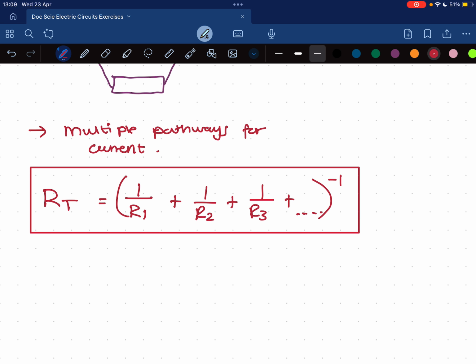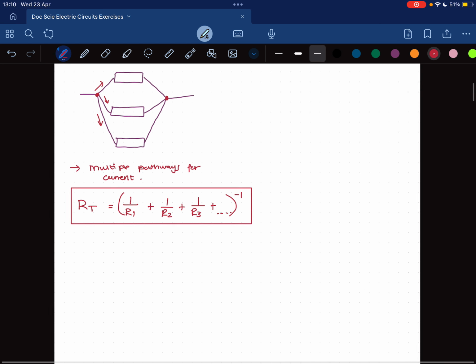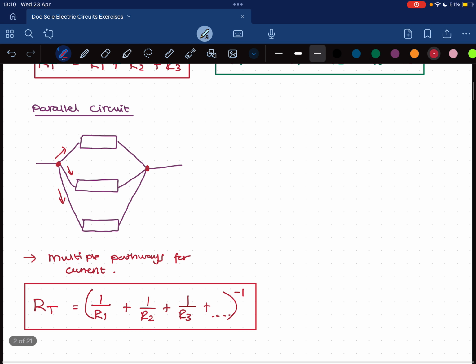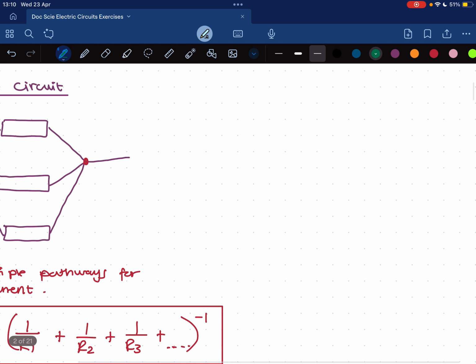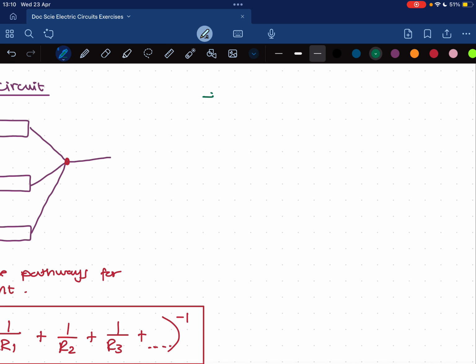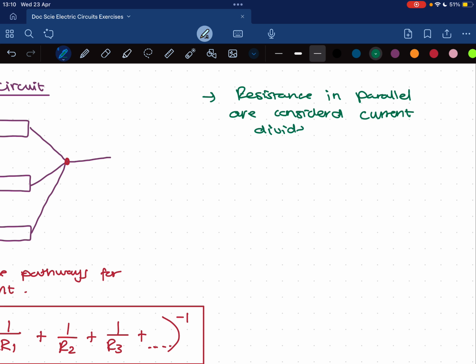Then, if I'm going to consider now the current and the voltage. Because current has multiple pathways to flow, the resistors in parallel are considered current dividers.